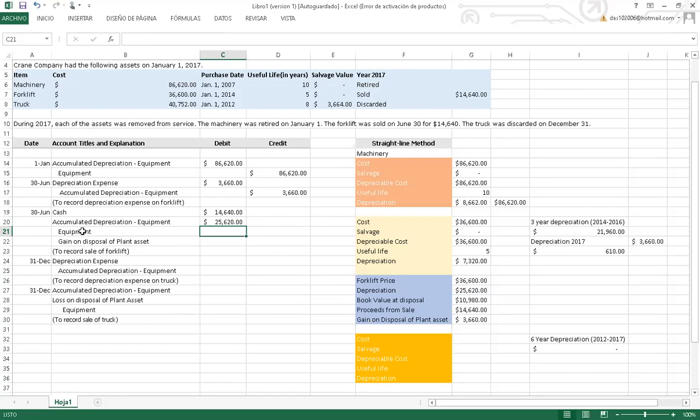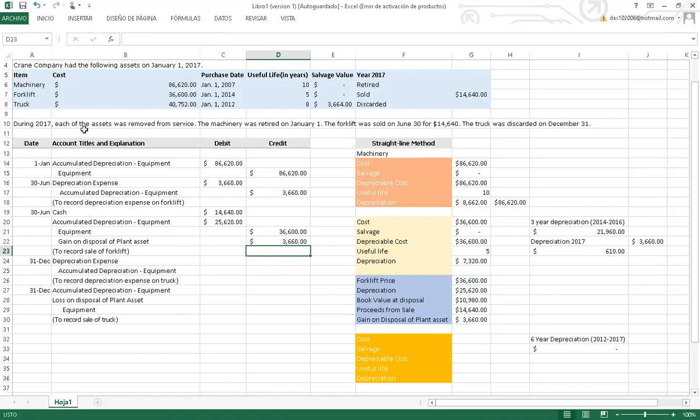After that, we credit the equipment because since we're selling that, the amount of equipment on the balance sheet is going to decrease. So that amount will be the cost of the purchase of the forklift at January 2014 that was $36,600 plus the gain of disposal of the $3,660. And that's to record the sale of forklift.